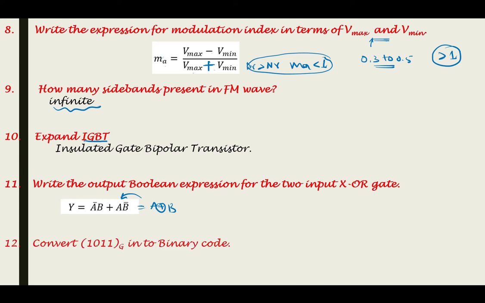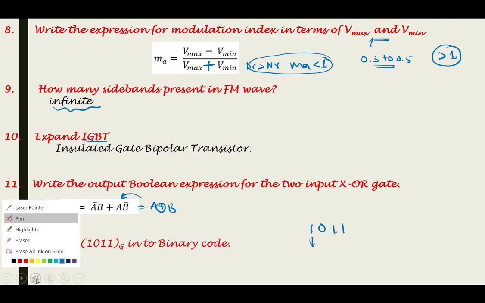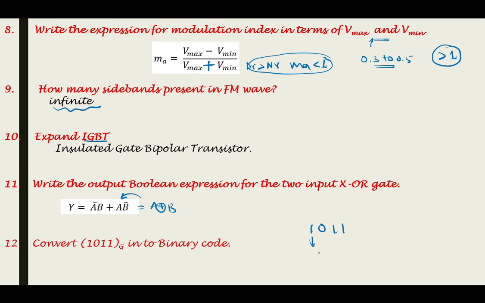Then convert 1011 gray code into binary code. 1011. So what we need to do is keep the MSB as it is. This is gray code. What I am writing is binary code. Then I need to do this diagonal XOR or addition.